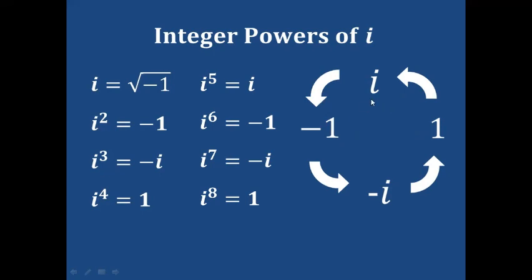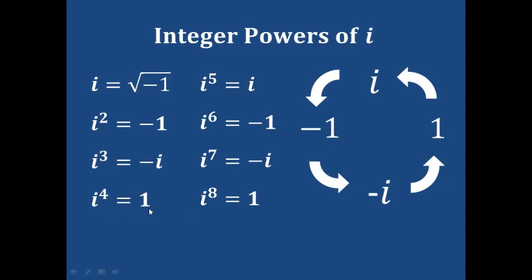Now, we may not be able to go through the entire cycle every time we want to find an integer power, because as these exponents get increasingly large, we'll have to go through the cycle increasingly many times. But there is a shortcut that we can use. We can consider that every time we raise i to a multiple of 4, we get 1.